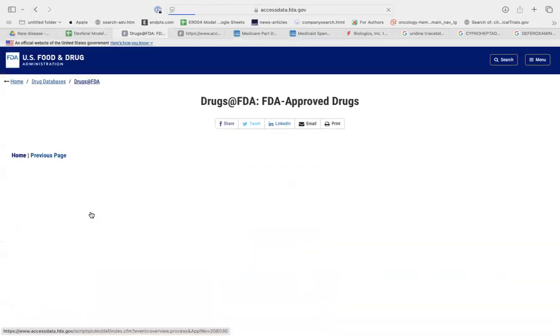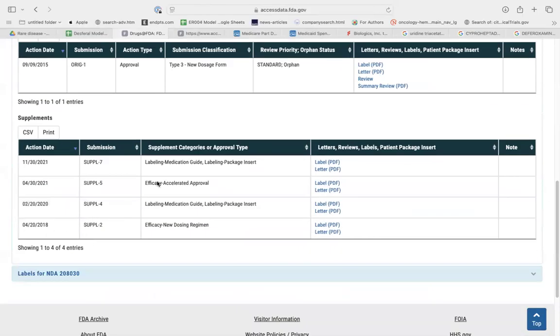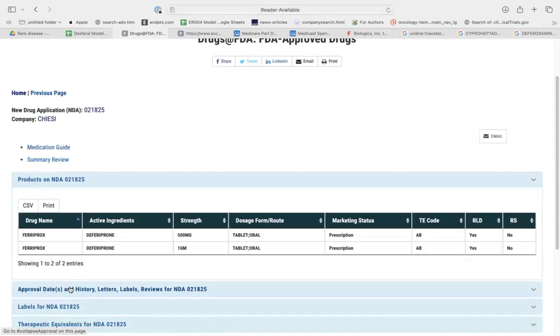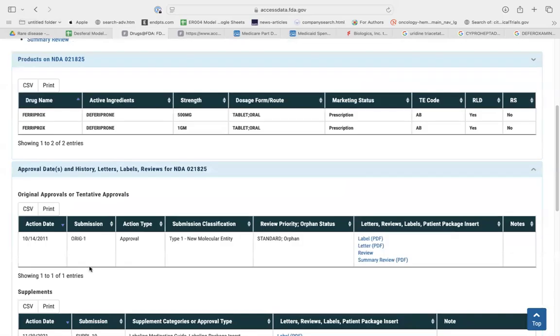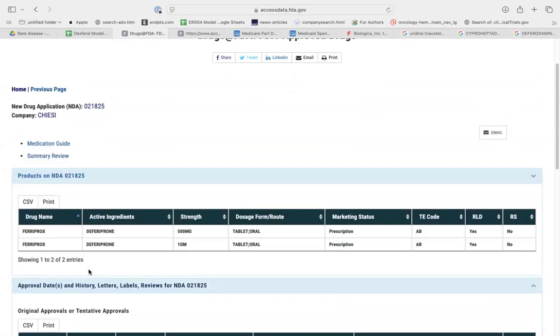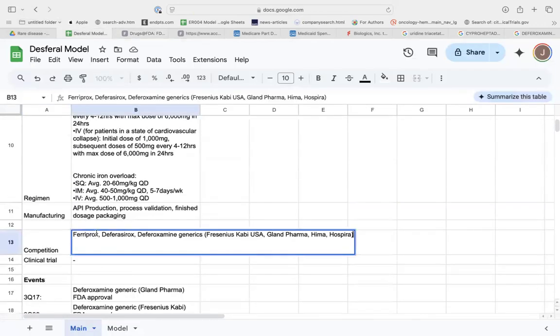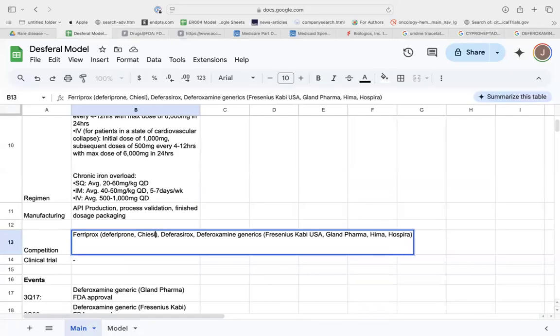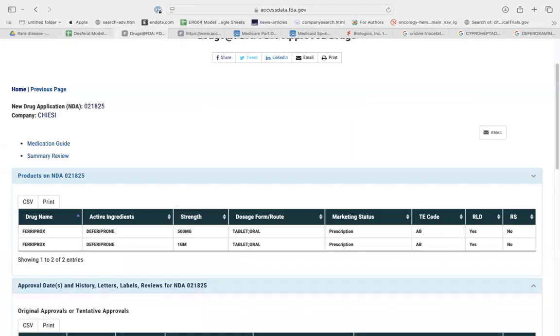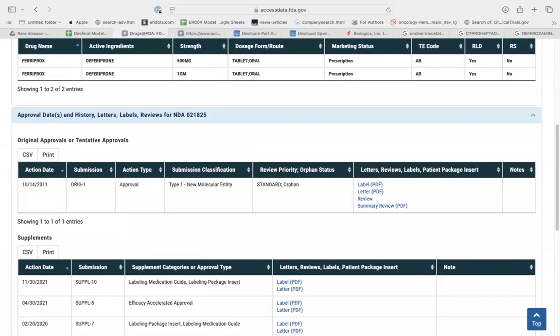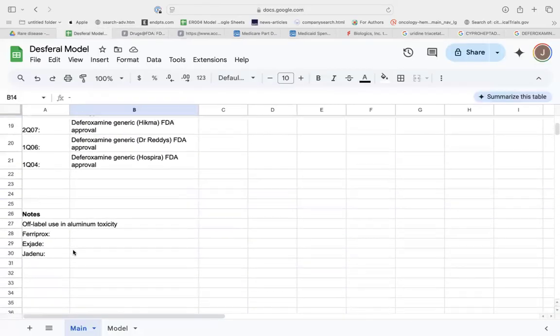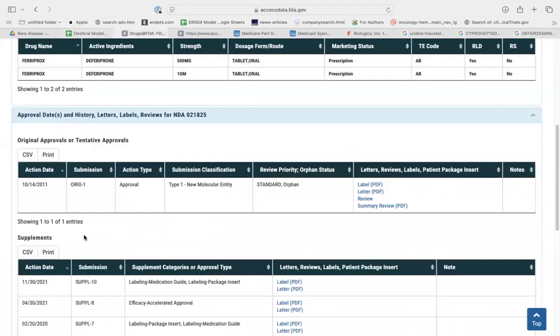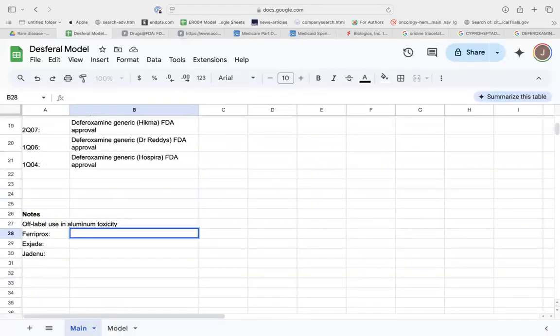See, these are much newer drugs with patent life. So first approval was in fourth quarter of 2011.